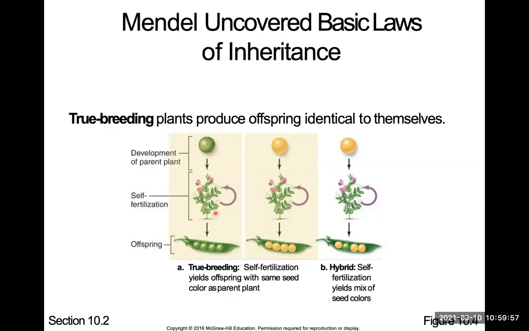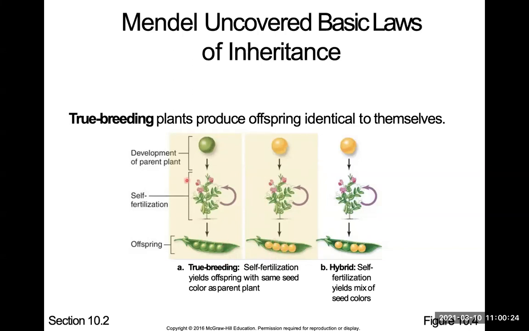That means the chance of having yellow seeds has been completely erased. So eventually you get a true breeding plant that only gives green peas. Same thing for this yellow pea plant: you do self-fertilization, and eventually you get a true breeding yellow pea plant.